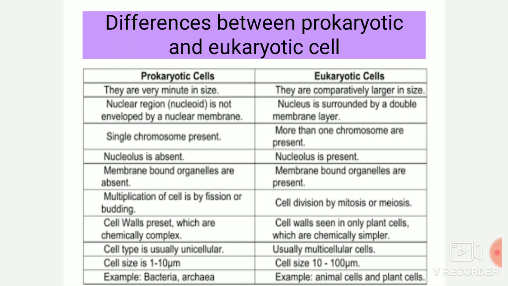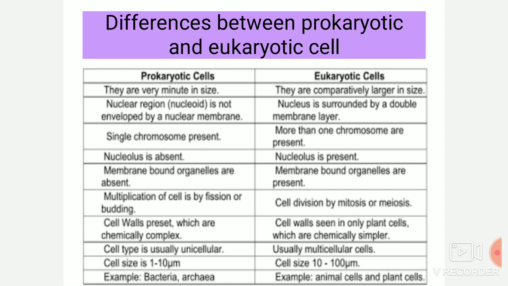Multiplication in prokaryotic cells is by fission or budding, while cell division in eukaryotic cells is by mitosis or meiosis. This is the process by which the cell divides. Cell walls are present and chemically complex in prokaryotic cells, but in eukaryotic cells the cell wall is present but chemically simpler, mostly made up of sugar, carbohydrate or starch.